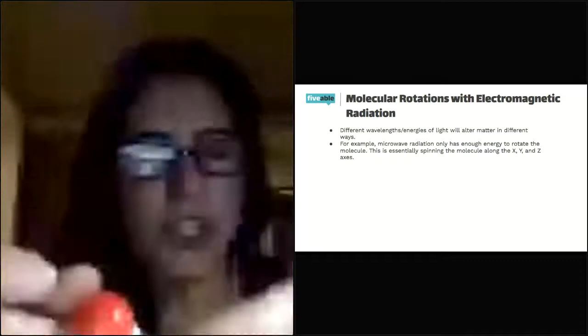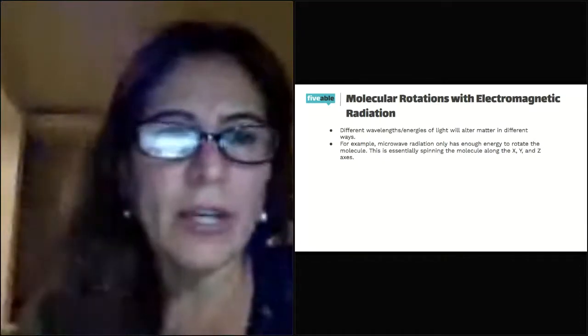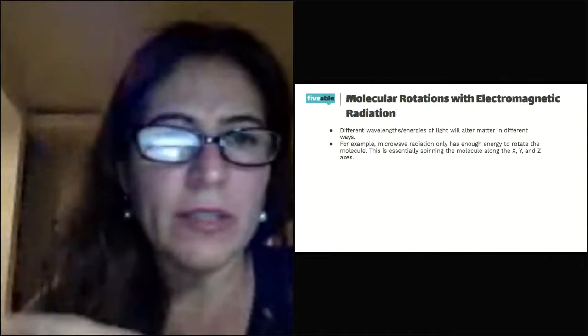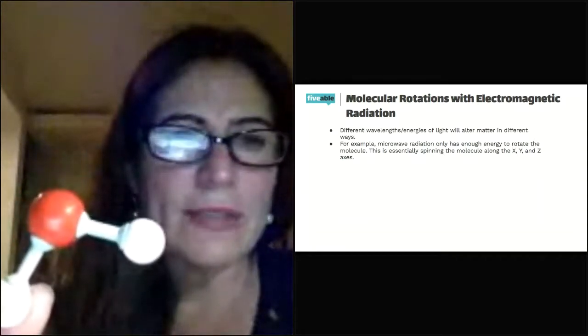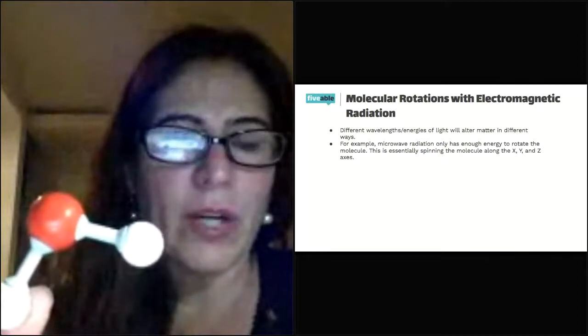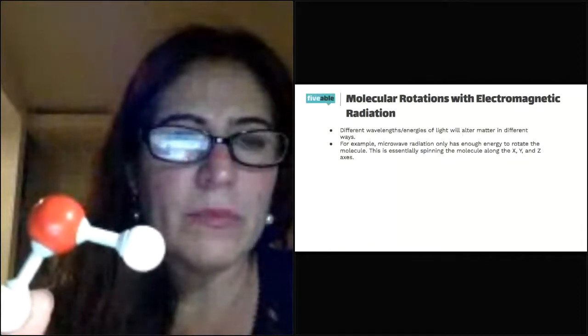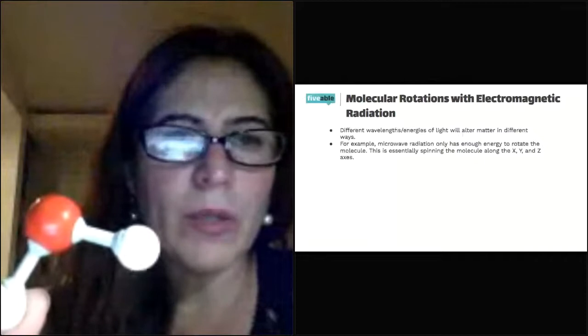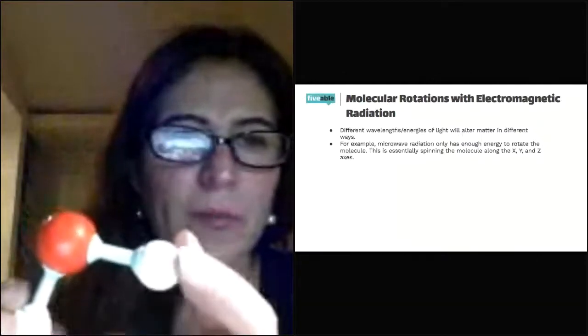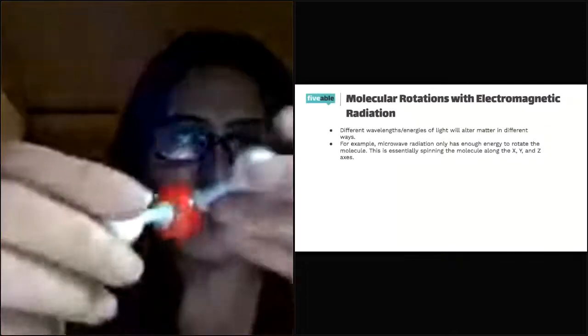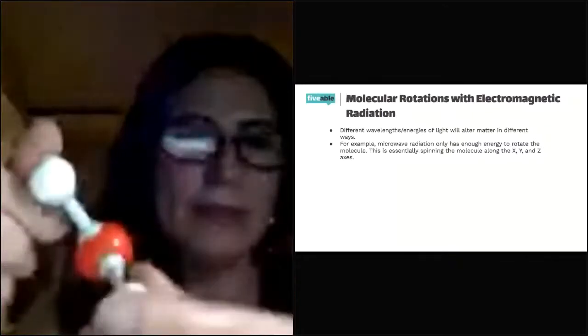This rotation will heat up the molecule and the food or particles around that molecule. So that's an application for the microwave that we have at home. That's how it works. It spins molecules into its X, Y, and Z axis.